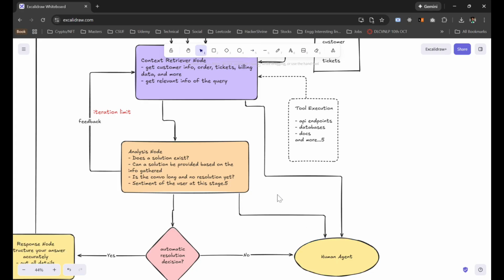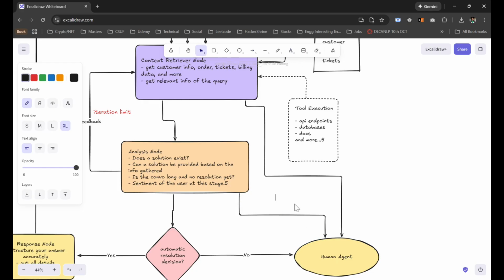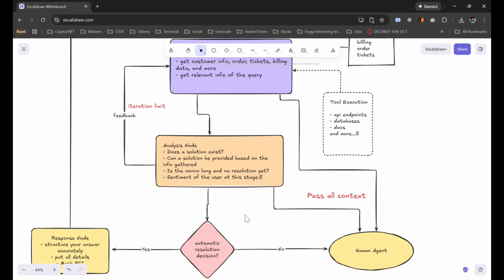And what we say is a solution is not possible, or I'm not able to figure out, so just pass all context that has been completed till now between the user and the AI agent. You pass everything to the human agent here, and then the human agent will be able to solve that issue.